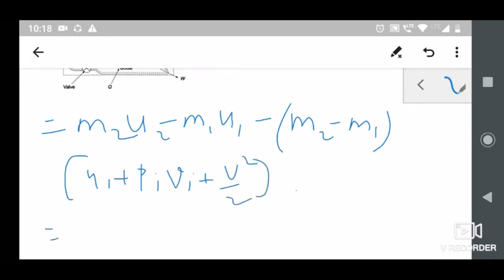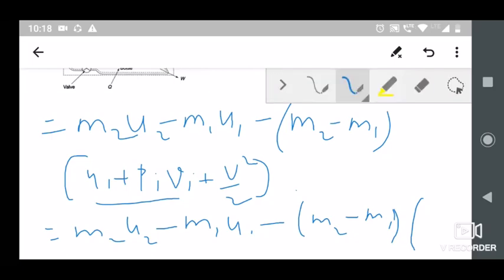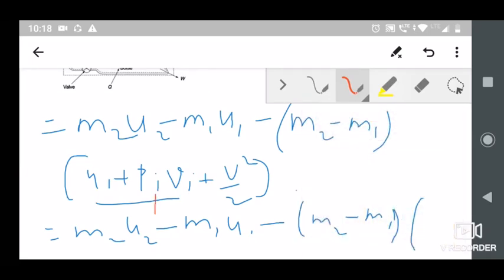So this can be written as m2 u2 minus m1 u1 minus (m2 minus m1) into, as you know, u plus pv, which is nothing but h. So directly we can write this as (m2 minus m1) into (h plus v square by 2).